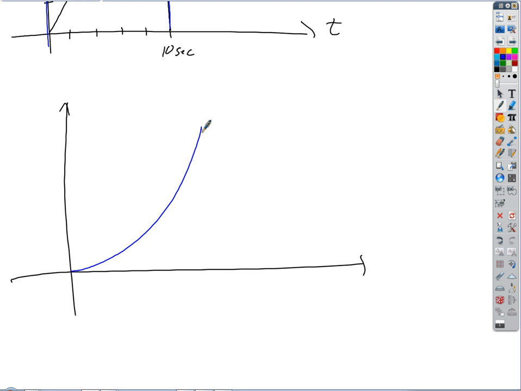Okay, so let's say that the velocity function here is just, I don't know, let's just say it's 10t squared, and we're going to do this for 2 seconds, how about?